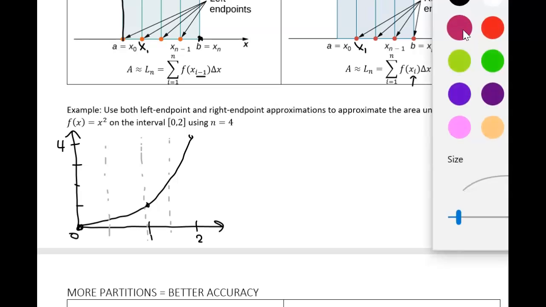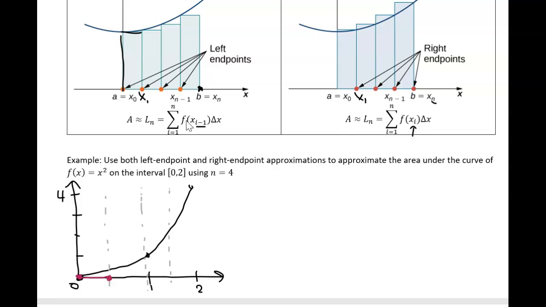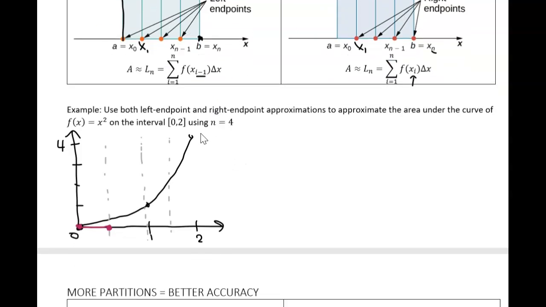Now let's start with our left-hand approximation. So a left-hand approximation starts at 0. And at 0, the height of the rectangle in this example is just 0. So for my first sum, I want to do f of x times delta x. Well, f of x is 0, that's your y value. What's delta x with this number of divisions? Well, we've got 0.5, 1, 1.5, and 2.